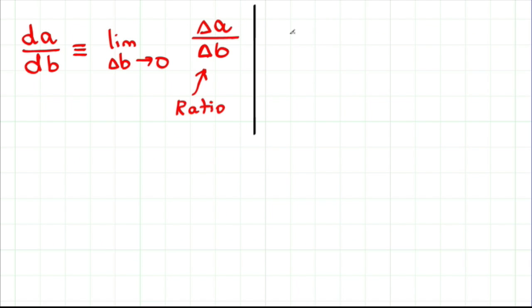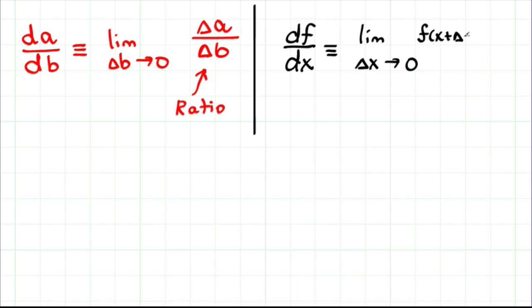Now if you look in any calculus book, the derivative will be defined like this. The derivative of a function f with respect to x is defined as the limit as delta x approaches 0 of f of x plus delta x minus f of x divided by delta x.